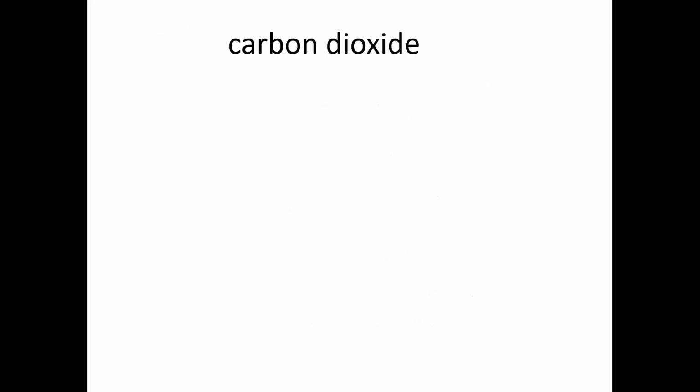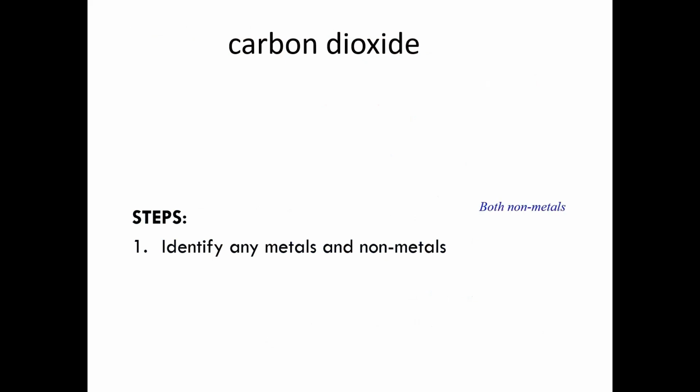Now actually, when it comes to writing out the chemical formula from the names of covalent compounds, it's quite an easy process. There are 3 steps. The first step is to identify the metal and the nonmetal. Now, of course, with these types of covalent compounds, they're both nonmetal. Now, the second step is to write out the chemical symbols.